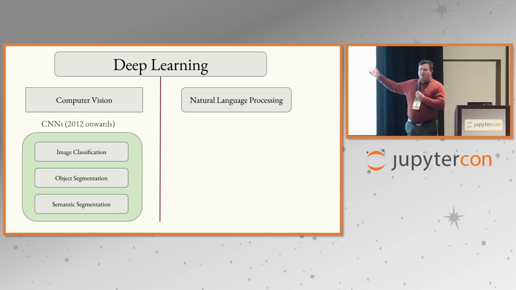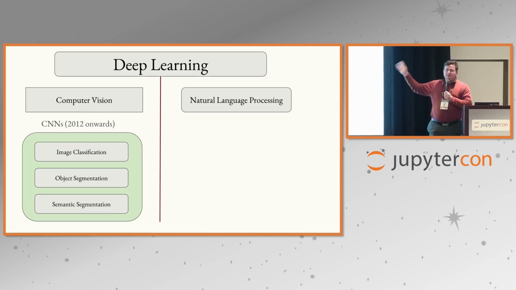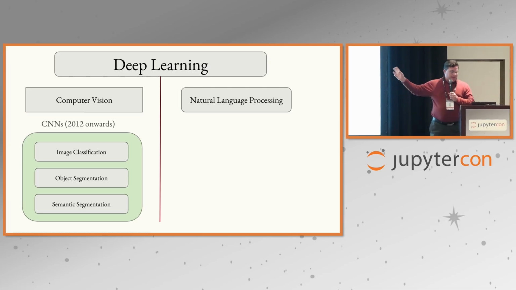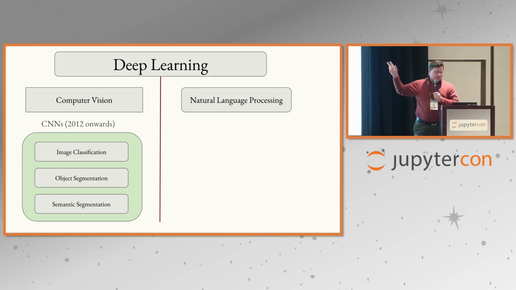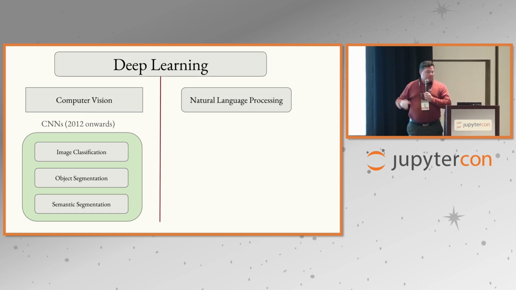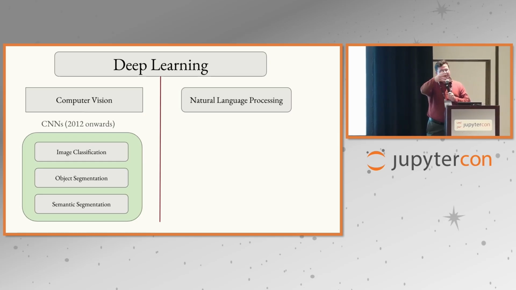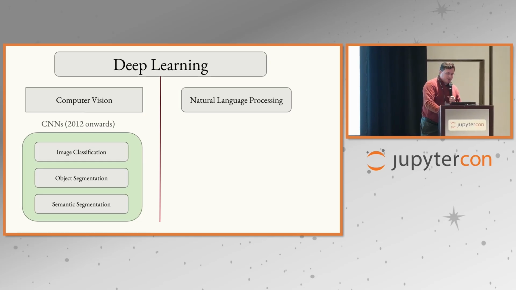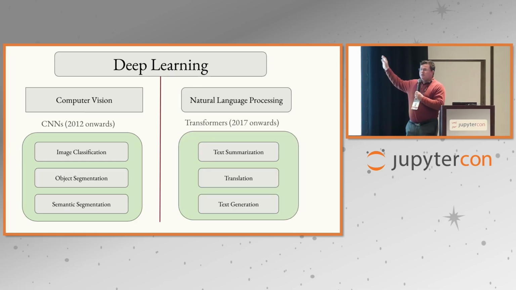It can be argued that 2012 with AlexNet and Alex Krizhevsky's paper really started this latest resurgence of CNNs for computer vision. That was image classification, but then object segmentation, semantic segmentation. The one Divya is going to show you is object detection. And then natural language processing.